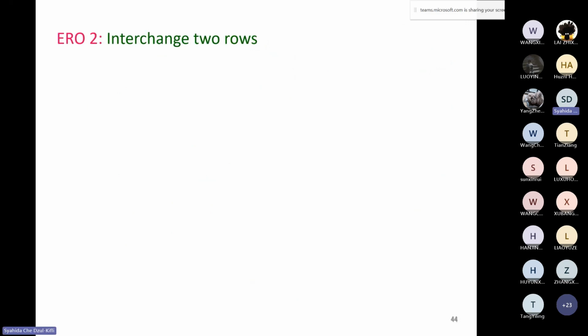Row operation number 2 is very easy. We just identify 2 rows and interchange their locations.